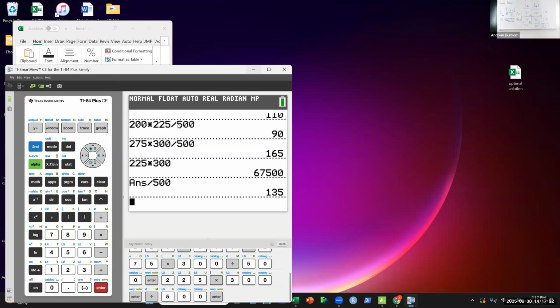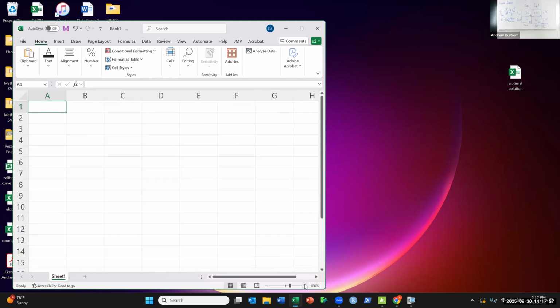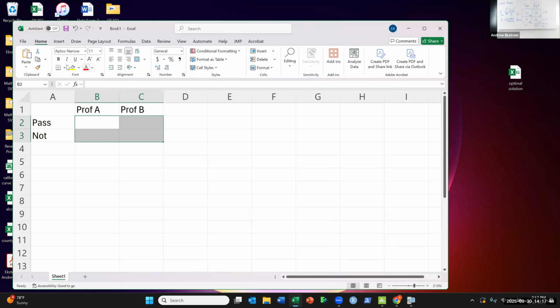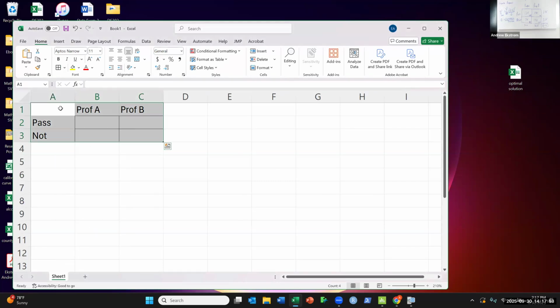So again, we already know what all these things are going to turn out to be. So I can say Professor A, Professor B, then pass. I'm going to say not. These are going to be the four cells that we were just looking at. And I'm going to say over here, these are the observed data.